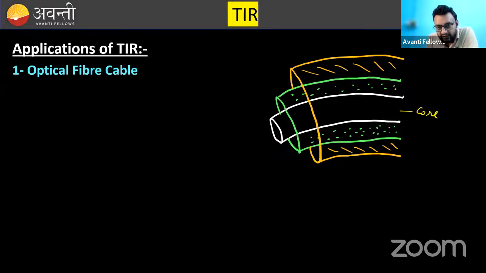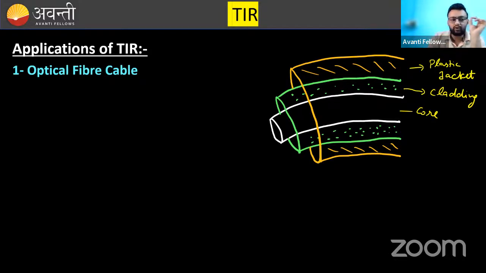Next layer, this green layer, is called the cladding. And this is the jacket or protector, you can say a plastic jacket, to protect it from damage. Now you understand what is an optical fiber cable. There are three components: core, cladding, and plastic jacket.